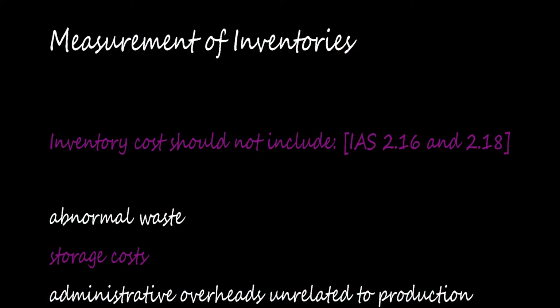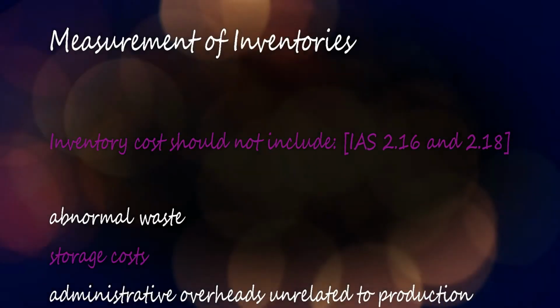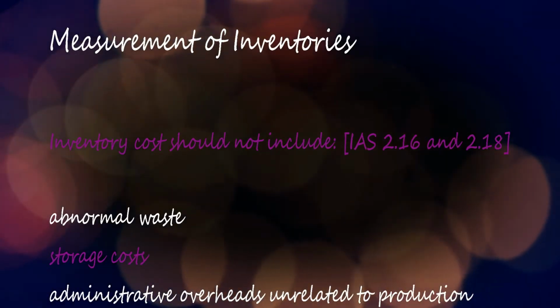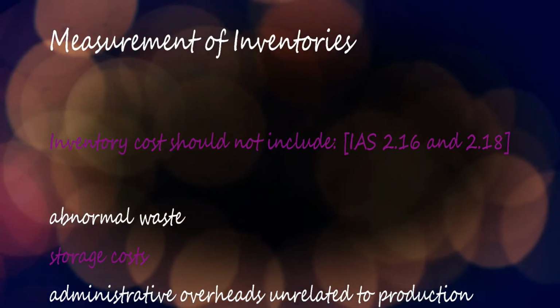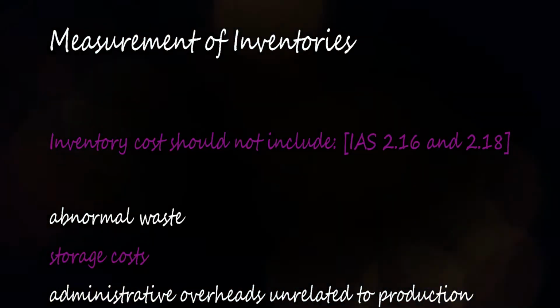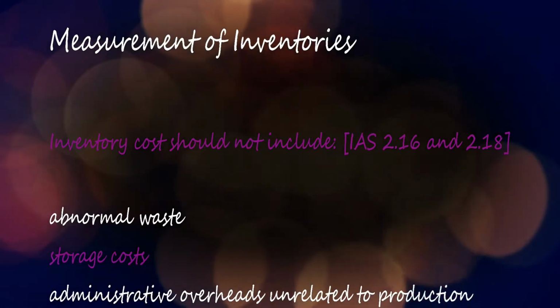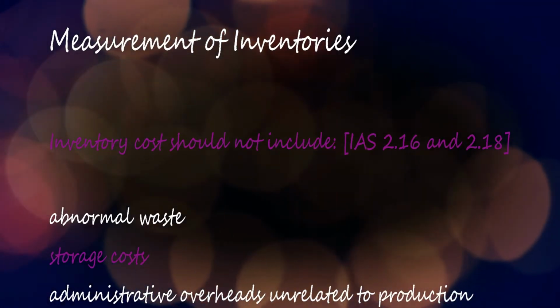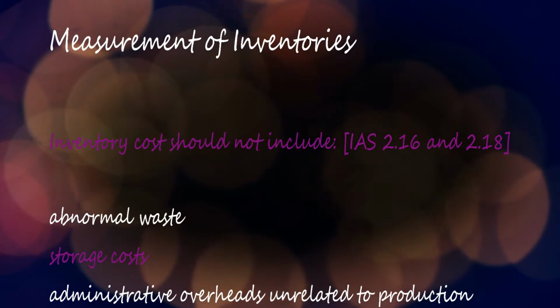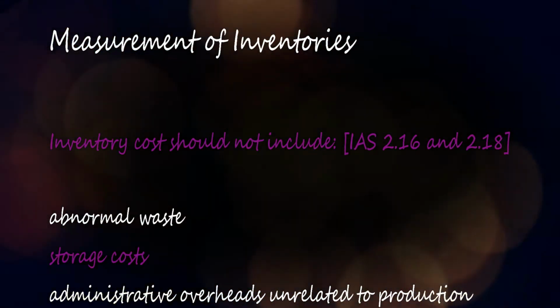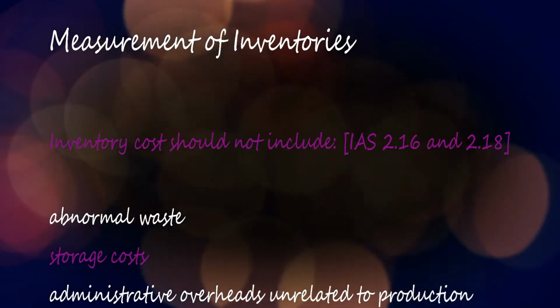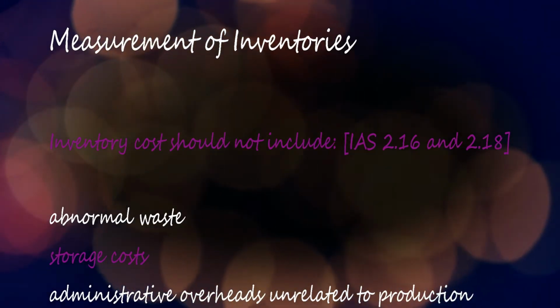The standard cost and retail methods may be used for the measurement of cost, provided that the results approximate actual cost. For inventory items that are not interchangeable, specific costs are attributed to the specific individual items of inventory. For items that are interchangeable, IAS 2 allows the FIFO or weighted average cost formulas.